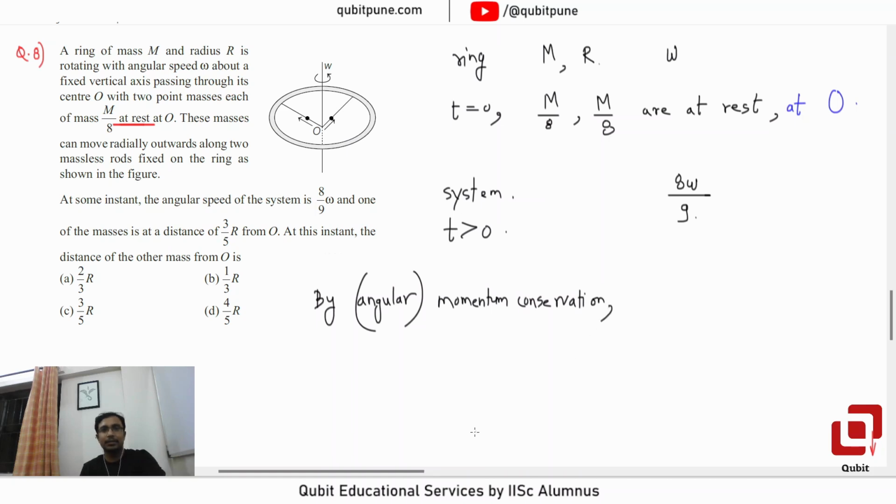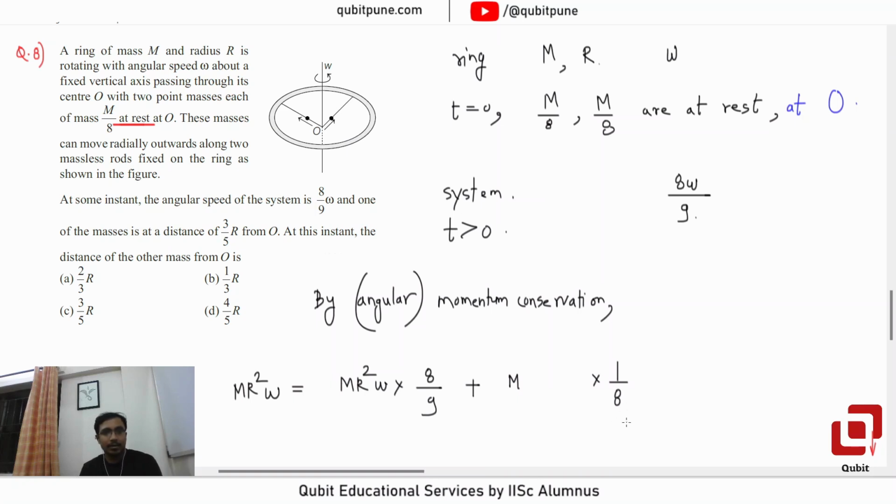So by momentum conservation, what is the initial angular momentum? It's a ring, so M R squared omega. What is the final angular momentum now? There will be 3 bodies now. First, M R squared, the moment of inertia will be the same because the axis of rotation is not changing, but its final angular speed will be 8 omega by 9. Now one of the masses has value M by 8.